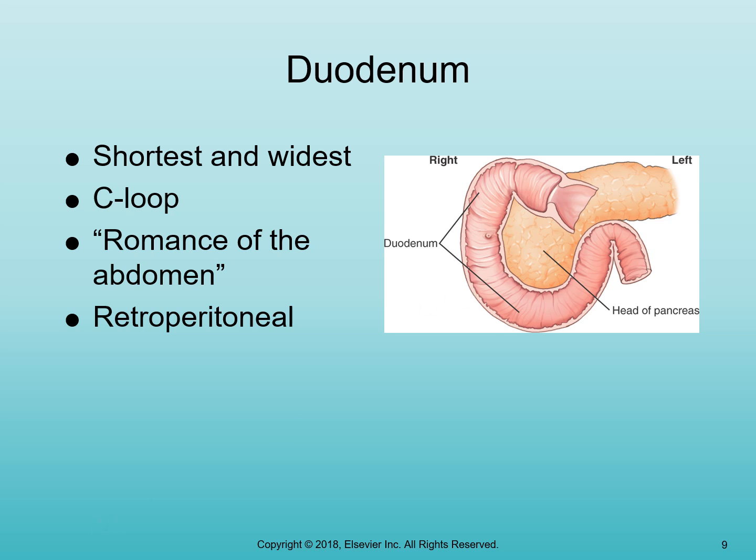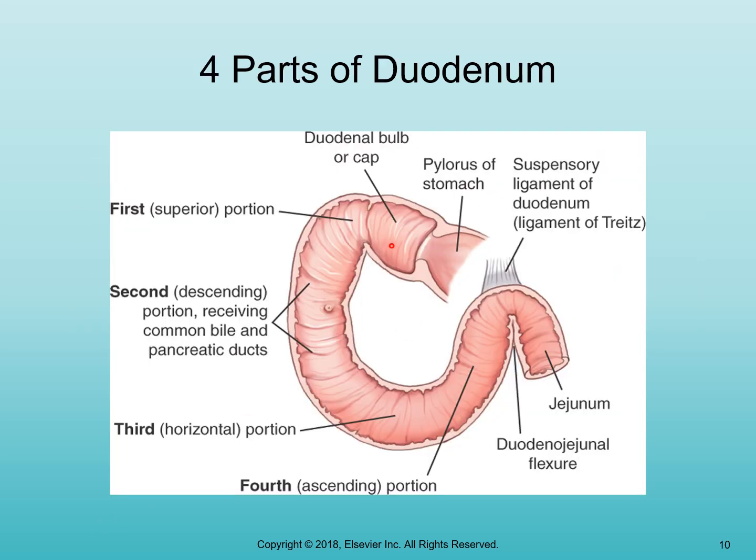Okay, and when we look at the duodenum, notice that you've got the pylorus here, you've got the duodenal cap or bulb, and then you've got the superior portion of the duodenum, the descending portion of the duodenum, which is important because that's where bile and some of the enzymes from the pancreas dump into the descending portion.